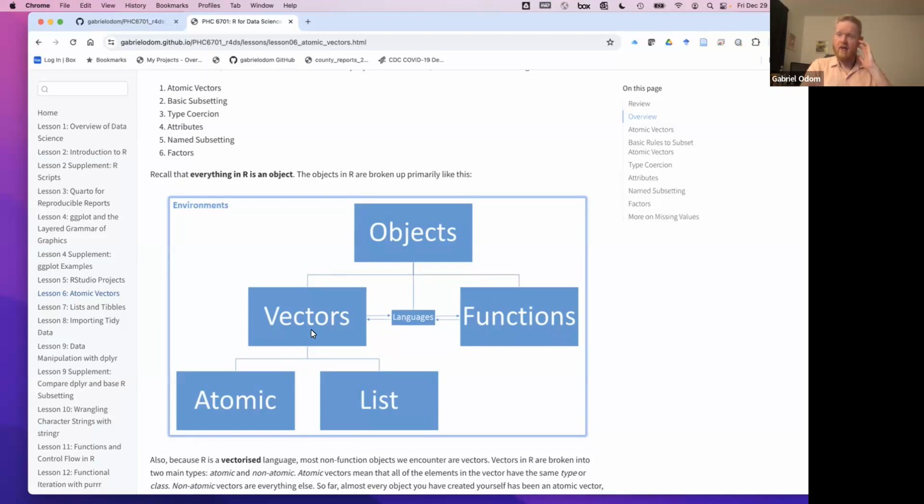These are vectors. And a vector is not like what you think of when you do maybe a calculus class or a linear algebra class or a physics class, where a vector is like a couple of numbers and they represent a direction in three-dimensional space. So the vector 2, 3, 3 means 2 units in the x direction, 3 units in the y direction, 3 units in the z direction.